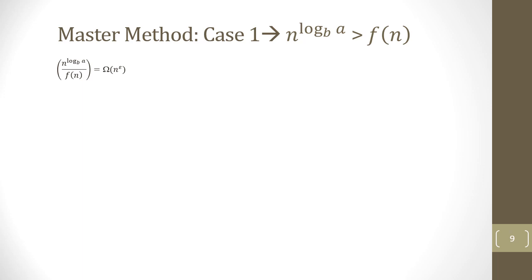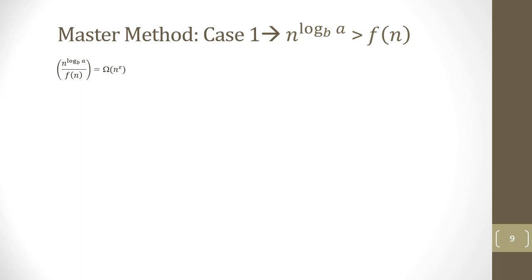Before we solve some examples using the master method, let us see the proof of the three cases of the master theorem. In the first case, n^(log base b of a) is asymptotically growing faster by a factor of n to the power of epsilon as compared to f(n).